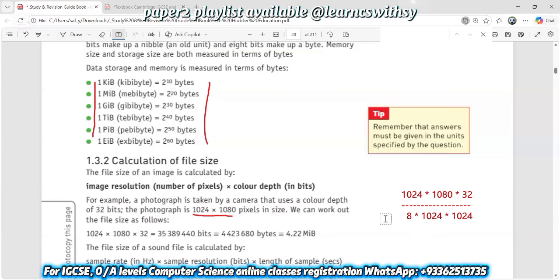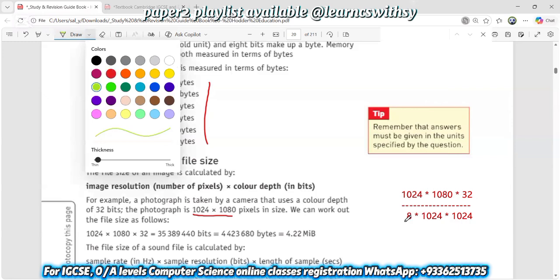Always apply the same. You simply write down the formula, resolution multiplied by color depth, and if they say convert it to whatever, even gigabytes, you will do one more division by 1024. And that is all. Then you can simply cancel out so easily.